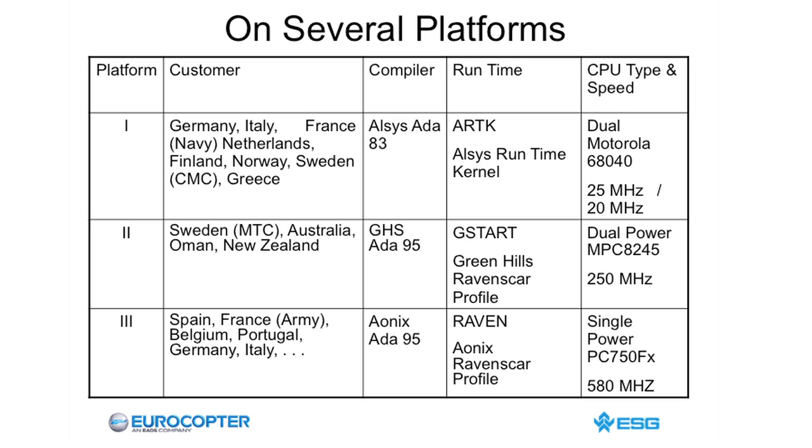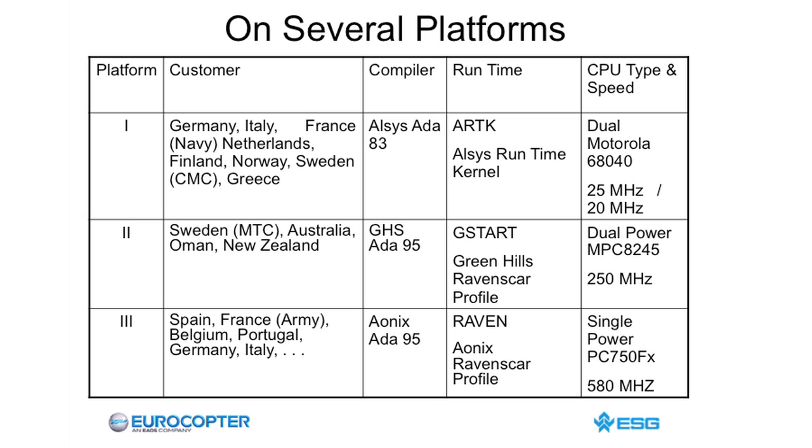You will hear we do not only have functional variants, we also have platform variants. That is part of, I would say, the duration of the project. So we have several versions of processors and several generations of processors, starting from the 68040 and up to the PowerPC for the last, the third platform.